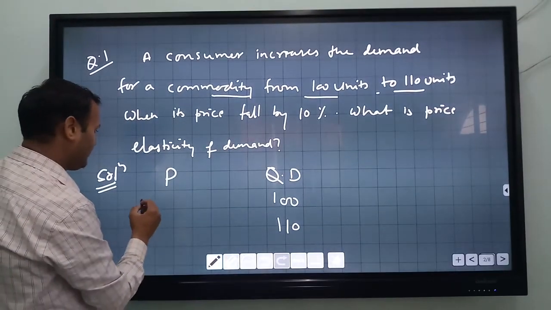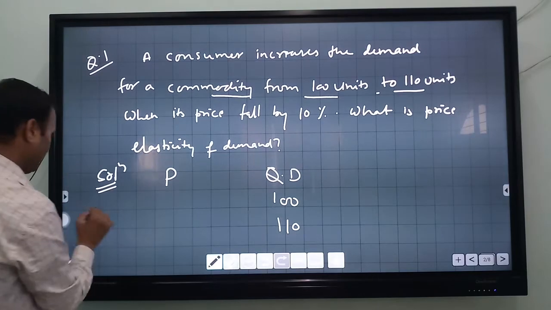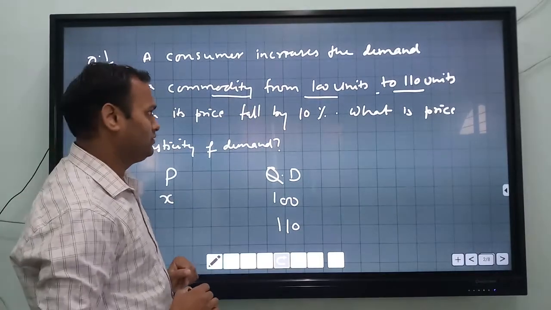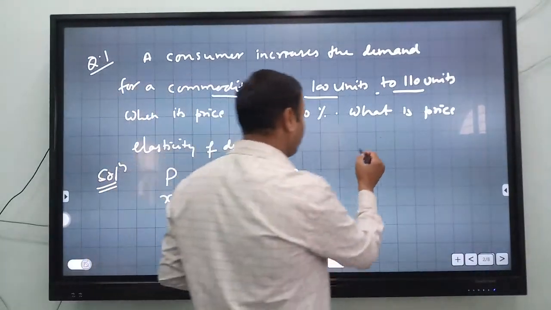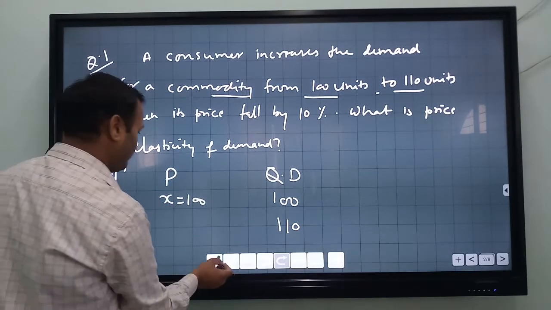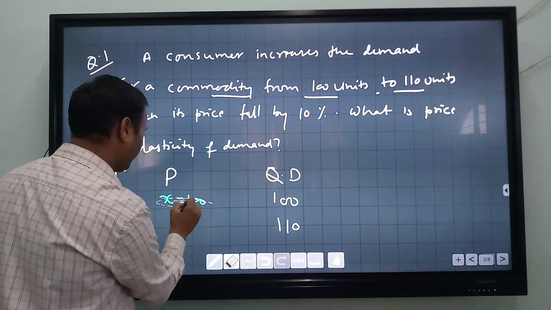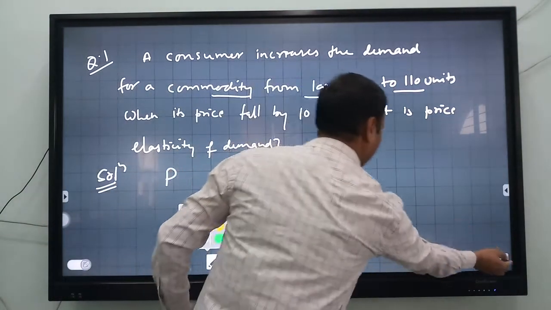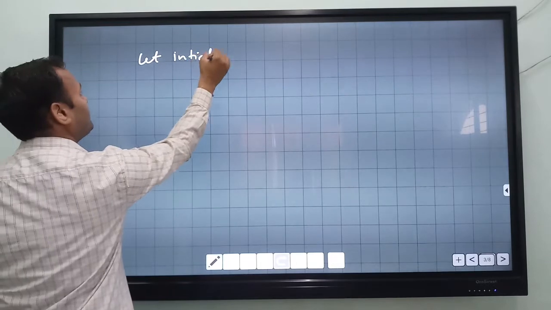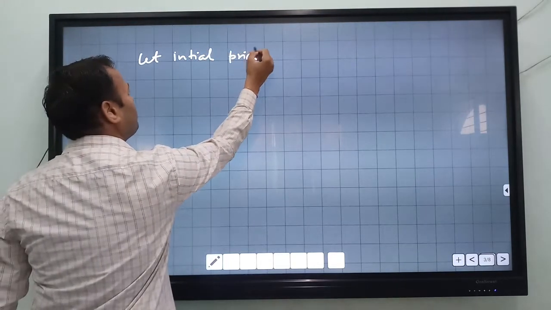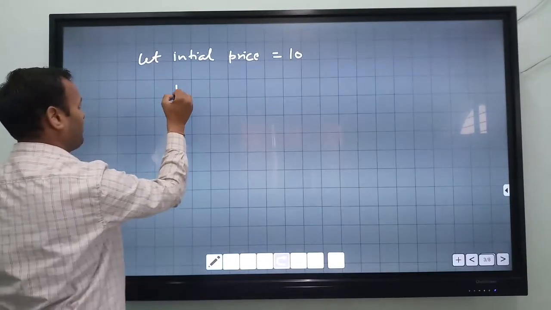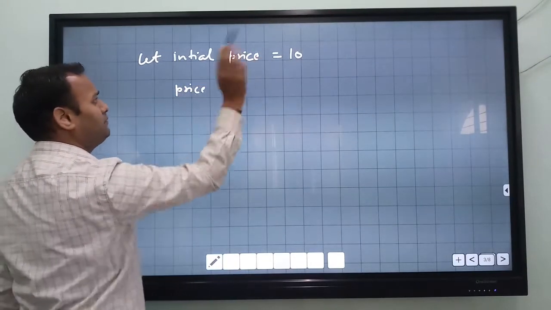Here the price falls by 10%. Just take an example, or you can take a number, suppose the initial price is 10. You can take any number here.